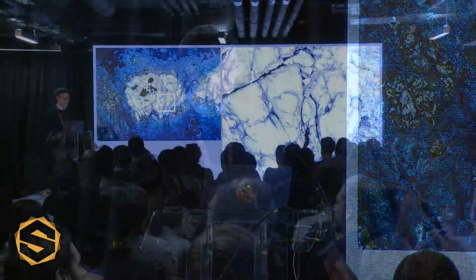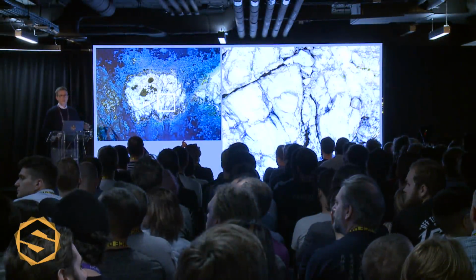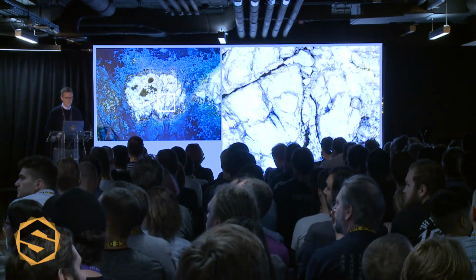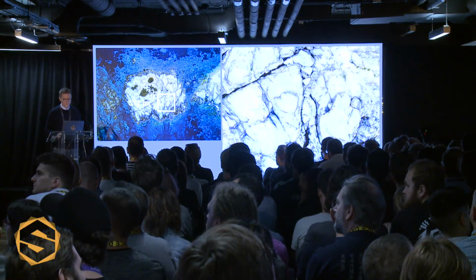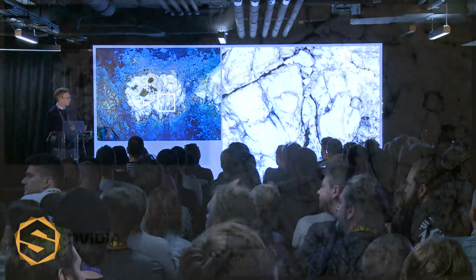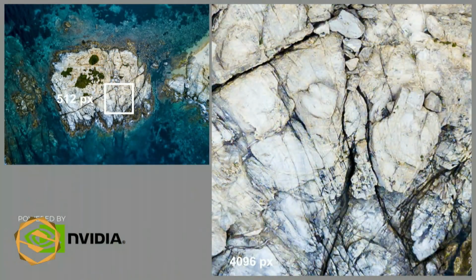The first people we worked with are NVIDIA, because they are the best at AI, basically, currently. And so we integrated their plugin for super res. What it does is that it takes an image and up-reses it, up to 8 times.